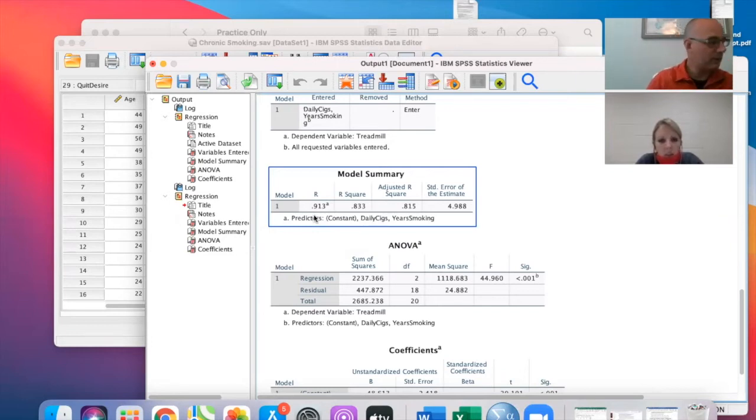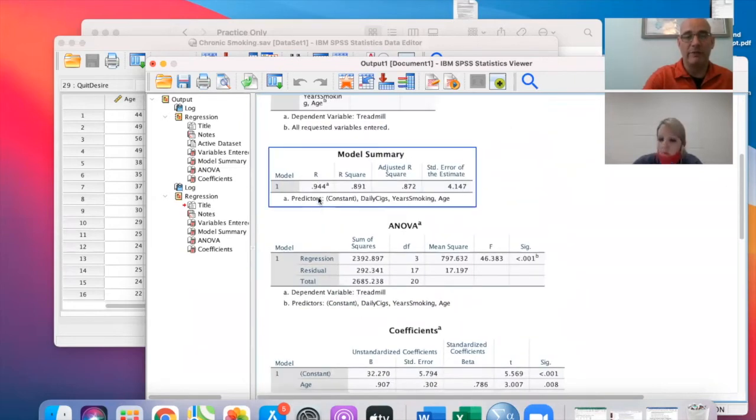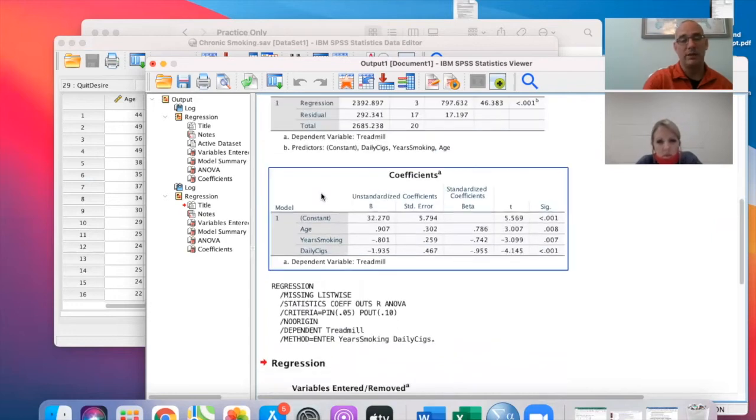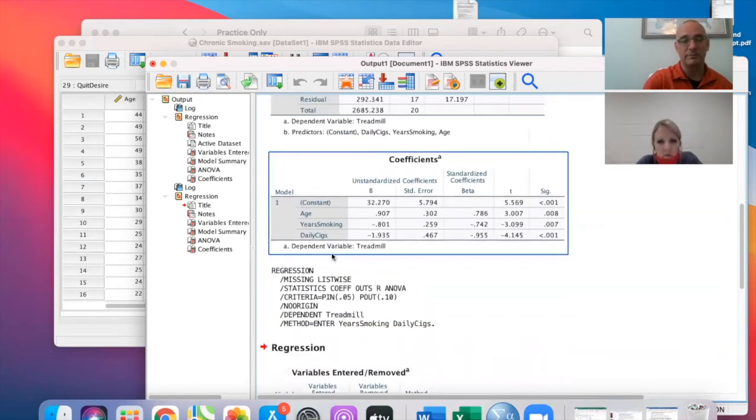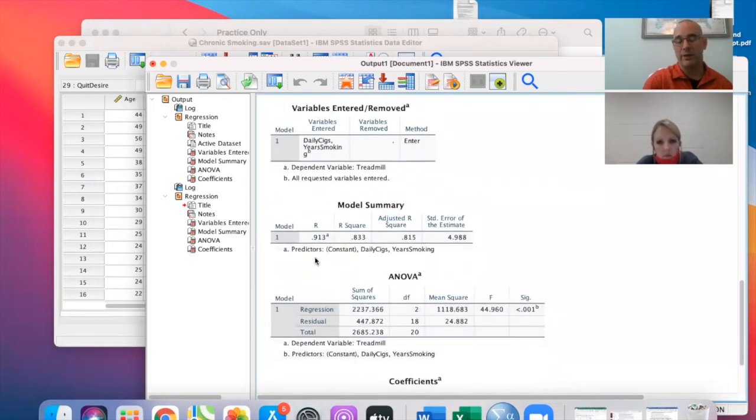Would that be the R value? Yeah, R is our correlation. So 0.913. Now let's compare that with up here, 0.944. Both are still really strong correlations. The 3-factor model is 0.944. The 2-factor model is 0.913.